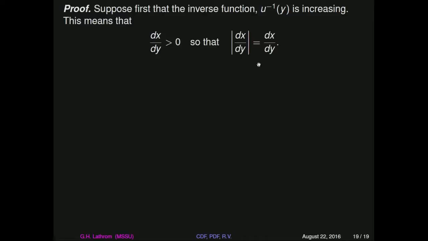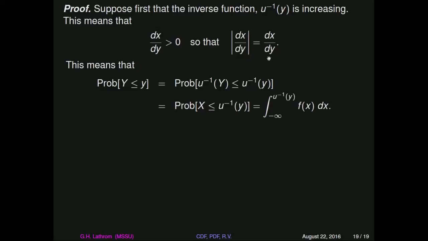Suppose that our inverse function, u inverse of y, is increasing. If u inverse is increasing, then the derivative dx/dy is going to be positive, and so when we take the absolute value, it's not going to change anything, and we just get dx/dy. Here's where we need the increasing part.